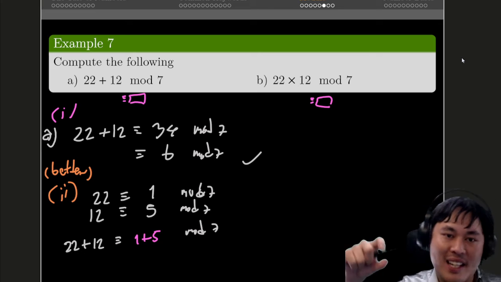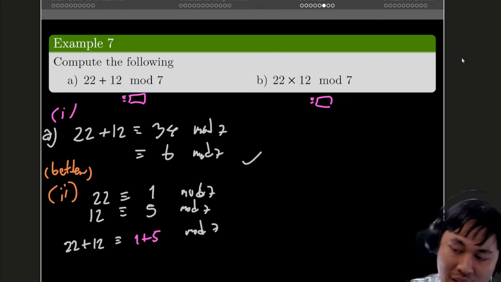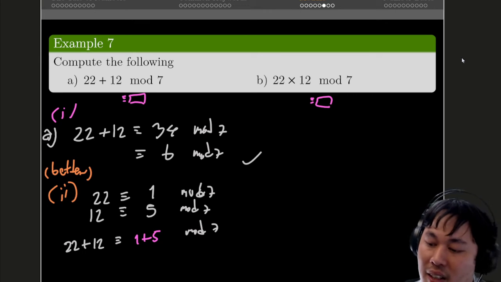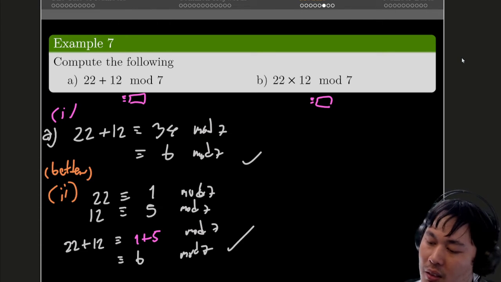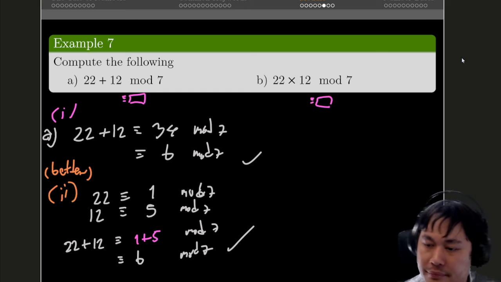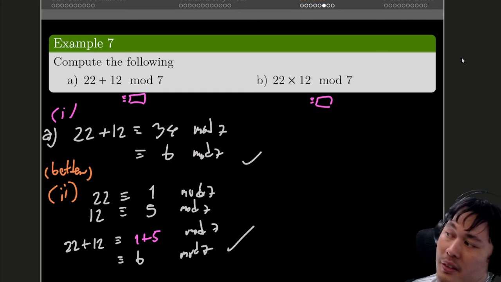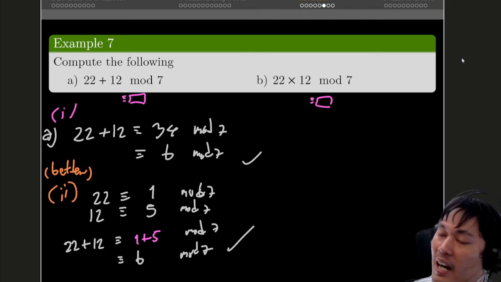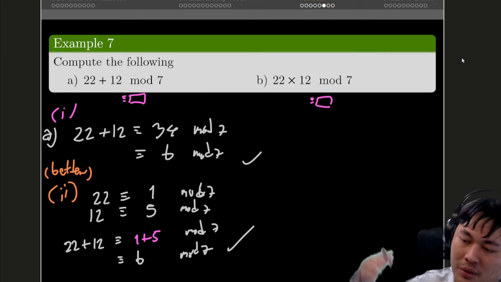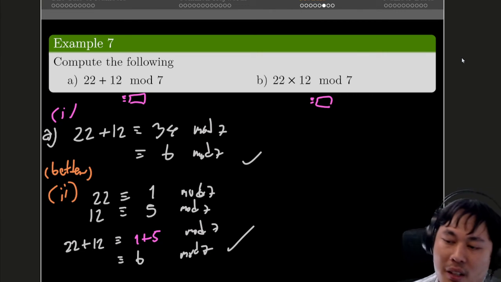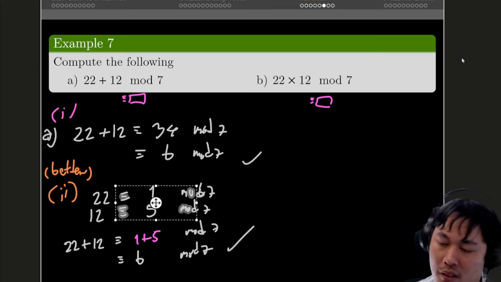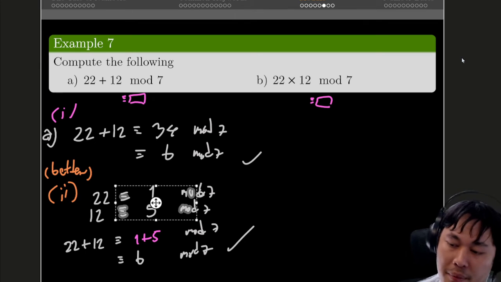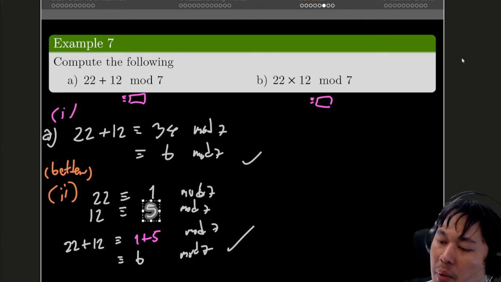Because again they are the same. So why don't we use the smaller number? 1 plus 5 is of course 6. And that's better in the sense that if you have large numbers, if you have 3 or 4 different numbers to sum, maybe it is easy to see for each number what the remainder or the modulo is.